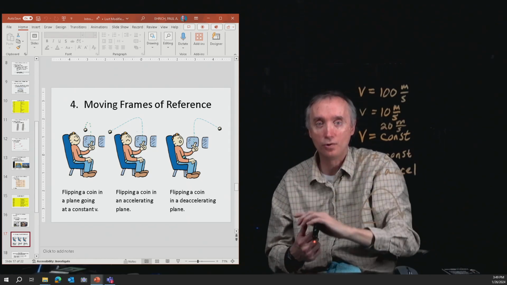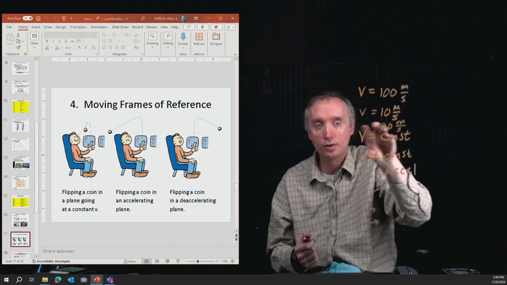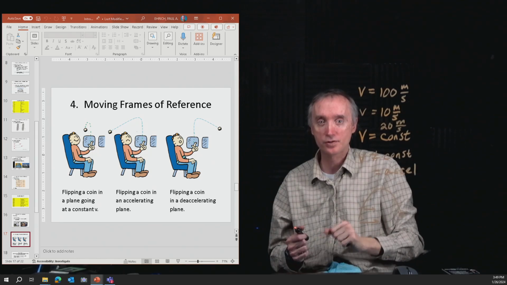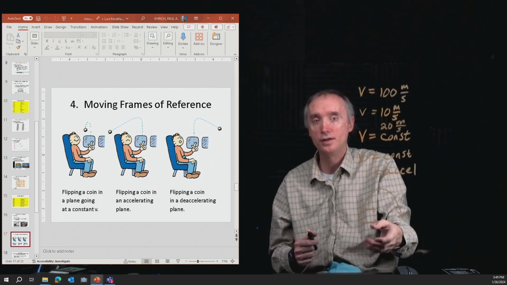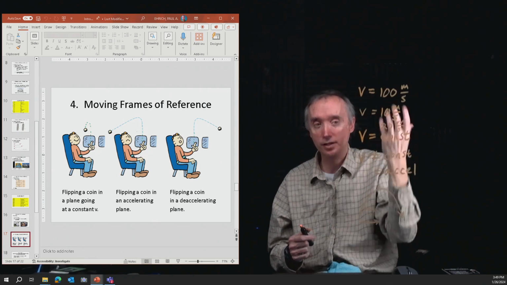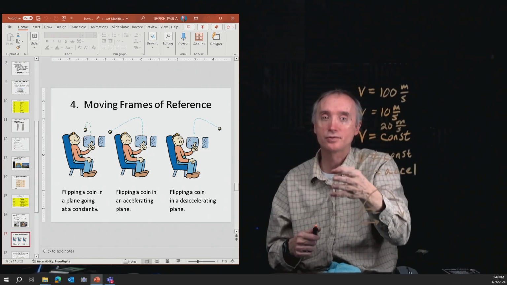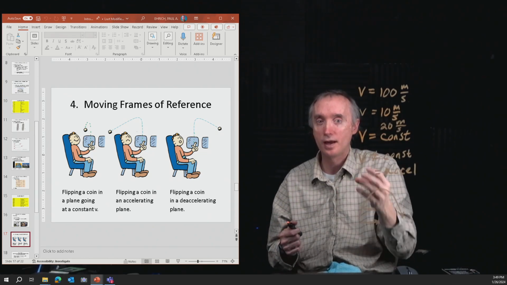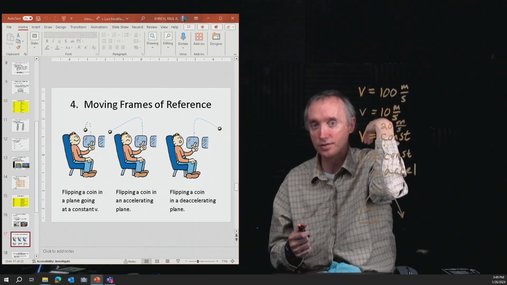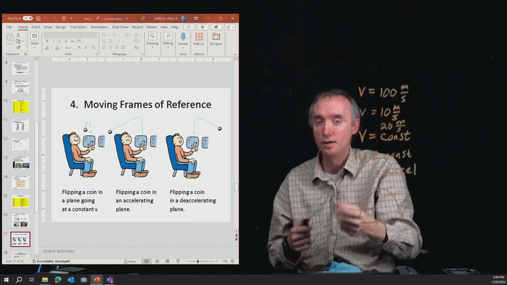It's not. The coin is really going forwards. It's just that the plane is going forwards faster than the coin can. And so it looks like that coin is going back behind your shoulder. It makes it seem like there's some unknown force acting on the coin that's pulling it back there, when it's not. It's just that it can't keep up with the speed of the airplane.